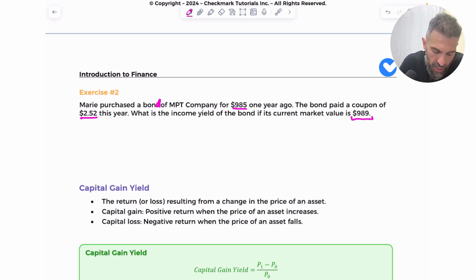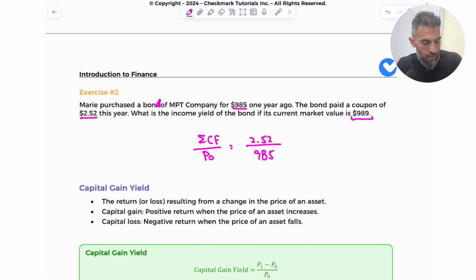So if we did the sum of the cash flows over P0, this is 252 over 985. So that is about 2.558%. Really small return. Okay.